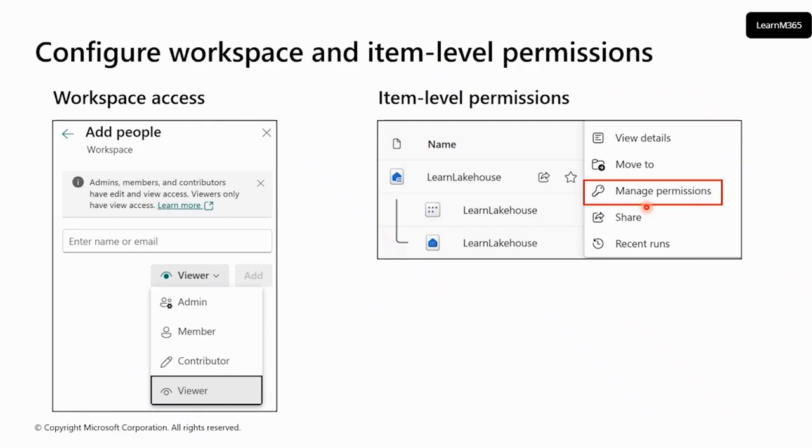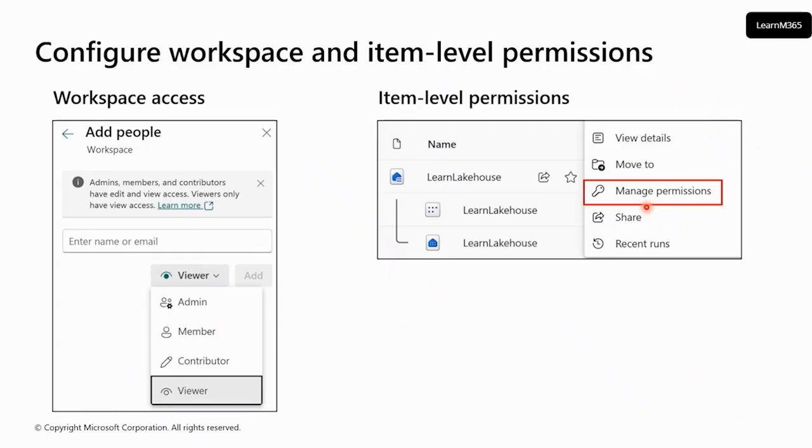Suppose, the data engineer's example, if I continue, that after a few months of having the contributor access on the workspace, the data engineer no longer needs to create any Fabric items and only needs to view a single lakehouse and read the data in it. Since this engineer no longer needs to view all the items in the workspace, the contributor workspace role can be removed.